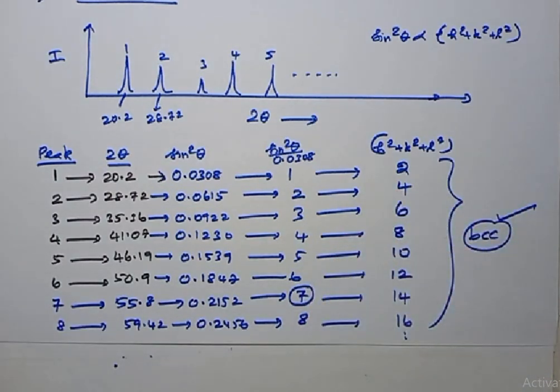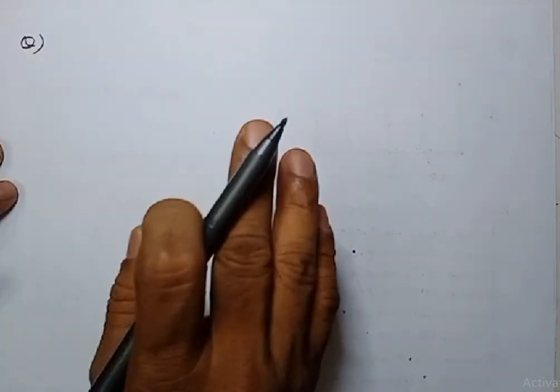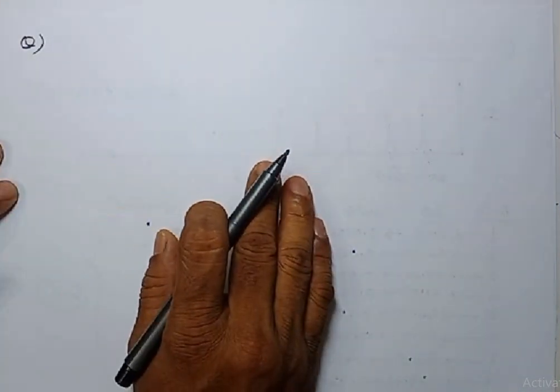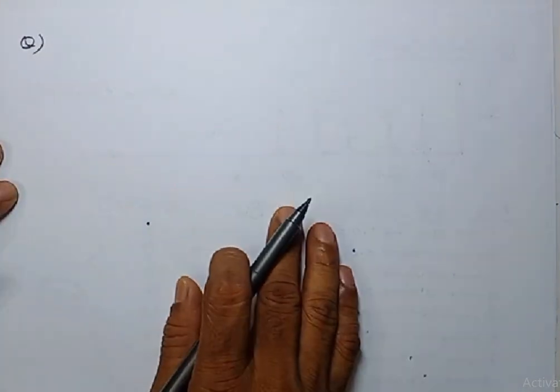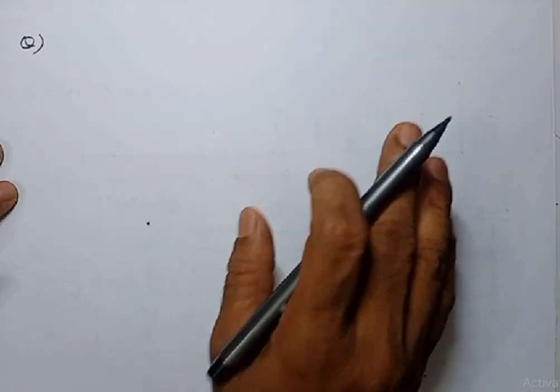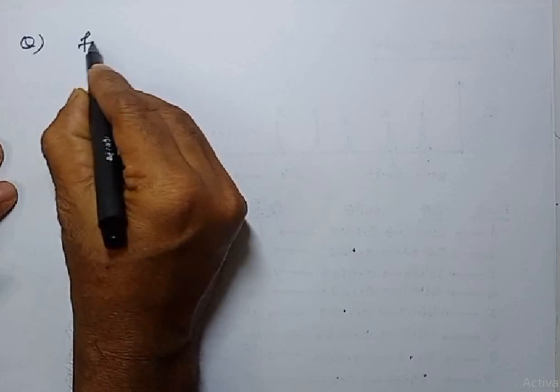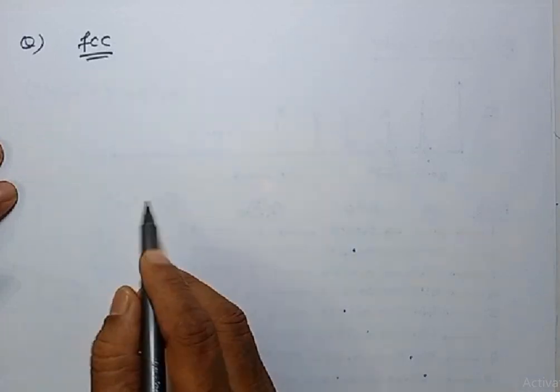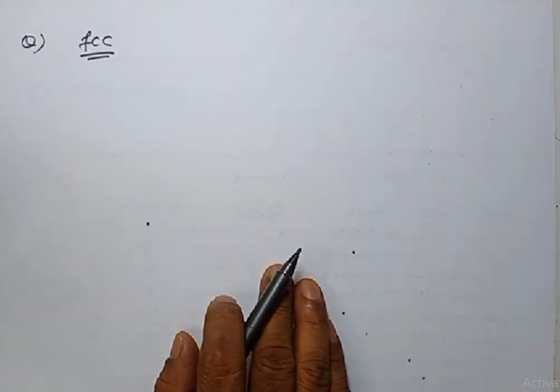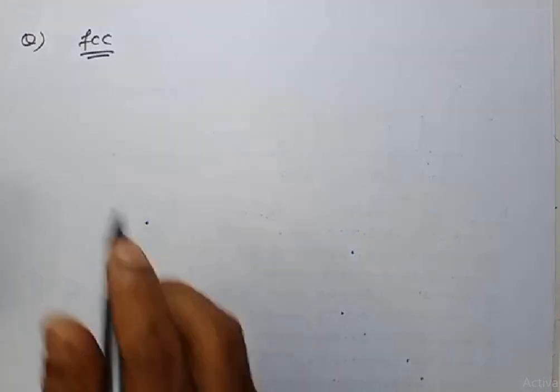Okay, take down. Which among the following will give signal in the X-ray diffraction pattern for an FCC crystal? I'll take some FCC crystal. Which among the following planes will give signal? Let me write here.